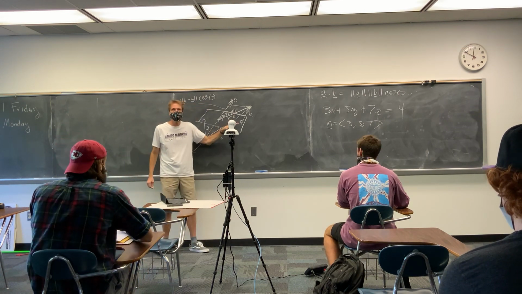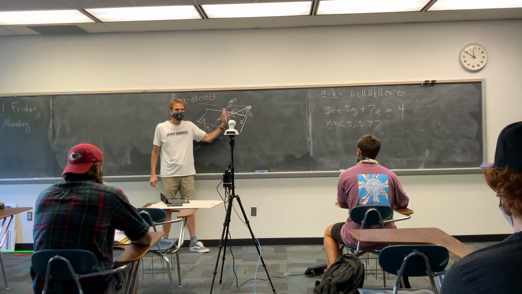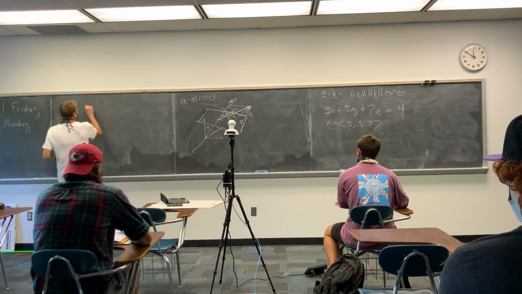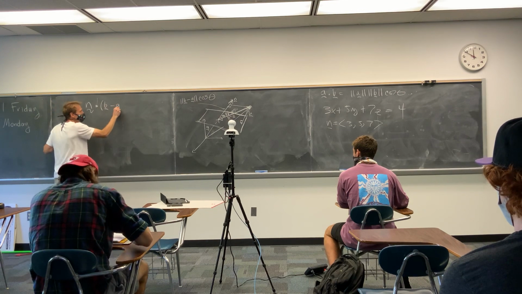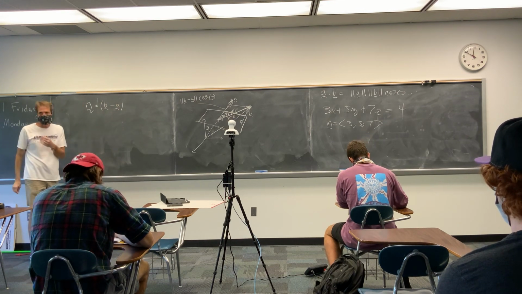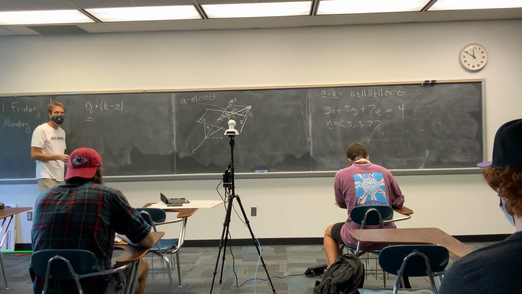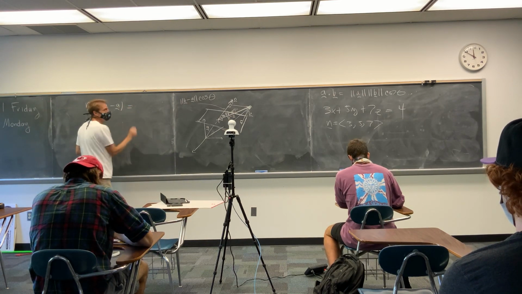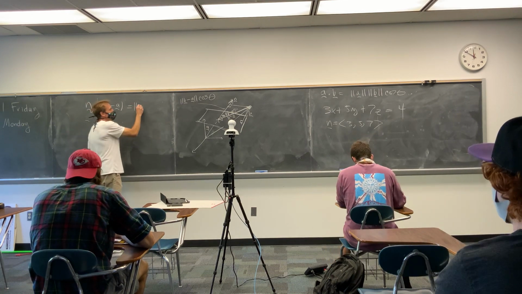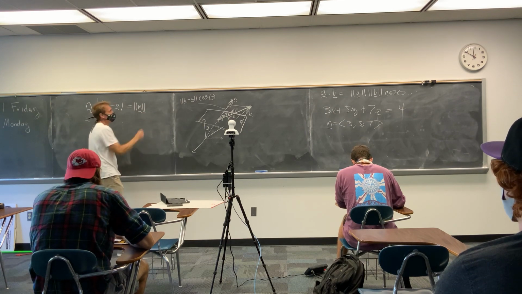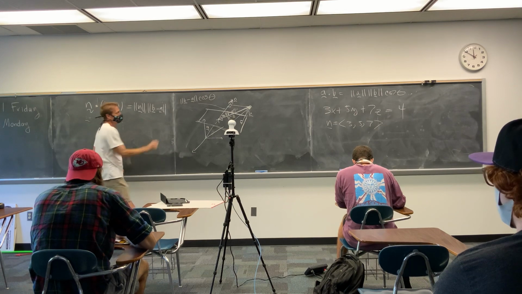Theta is the angle between b minus a and my normal vector. So if I did n dot b minus a, using that flashcard, this would be equal to the norm of n times the norm of b minus a times the cosine of theta.